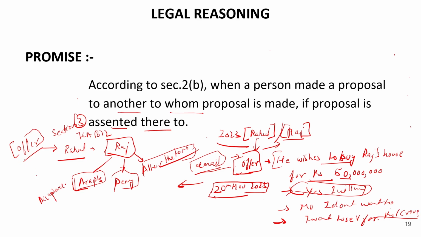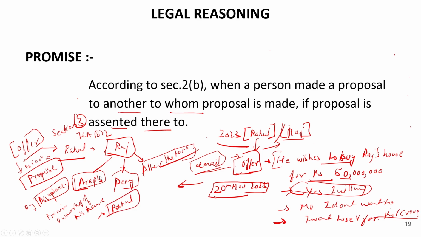And when an offer is accepted, it becomes a promise. So now Rahul is promising to pay rupees 50 lakhs, and Raj is promising to give the ownership of his house to Rahul.